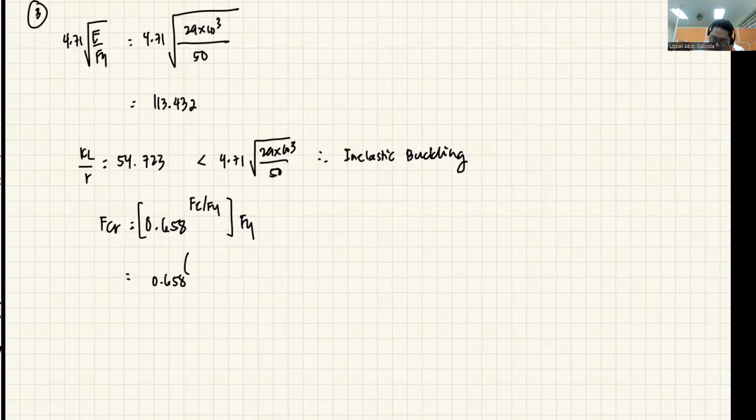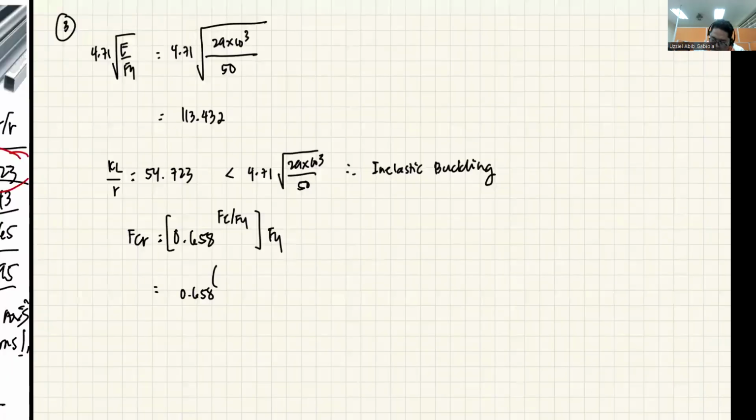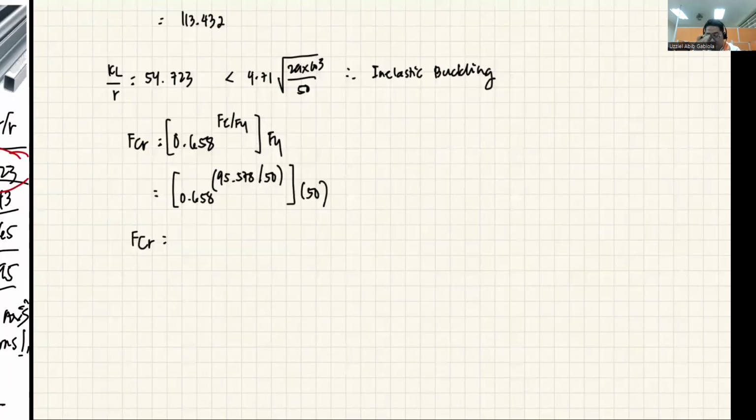Fe natin, kunin natin yung nandito, 95.578, divided by 50. Naka-fraction yun, ha? And then times 50. Since this is a buckling, critical buckling stress, KSI yung ating unit. Okay? 95.578 divided by 50 times 50, we have 22.464.